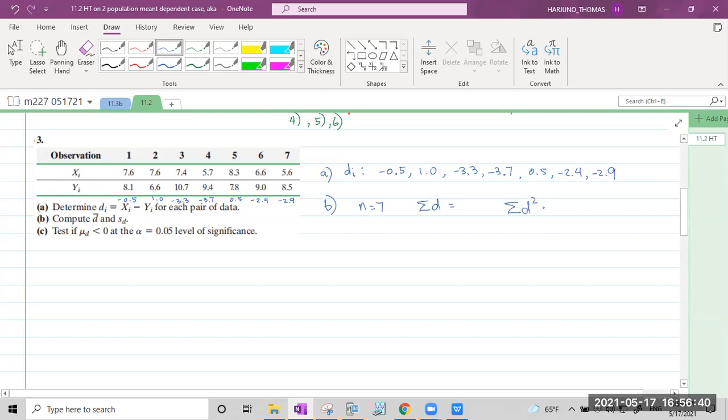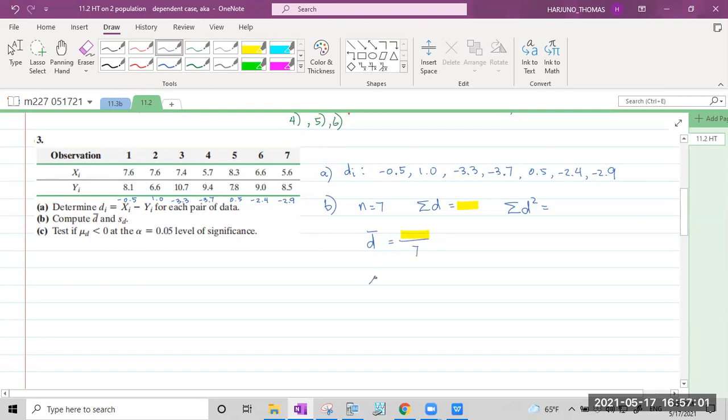After we get these three numbers, later on I will show you how to use the calculator. So basically what do we need? We need these three numbers, and then from there we will find D bar, which is what we have from here divided by 7, divided by n, right?